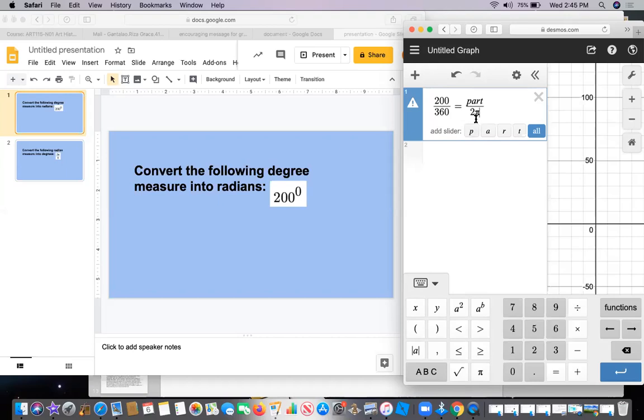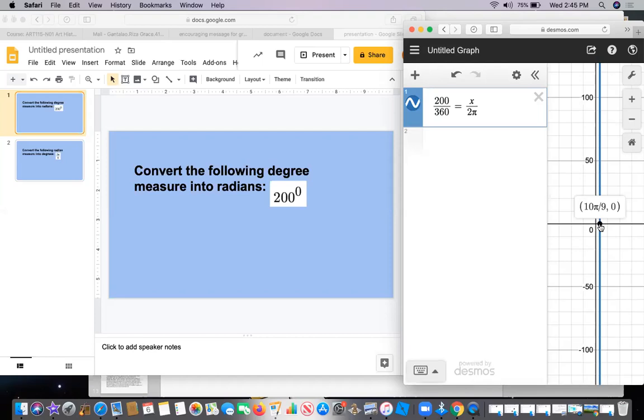And of course, now we can already find the value of the radian. If it is 200, what is this part here? We change that word part to x, and so the answer would be this one. The answer is 10 pi over 9.